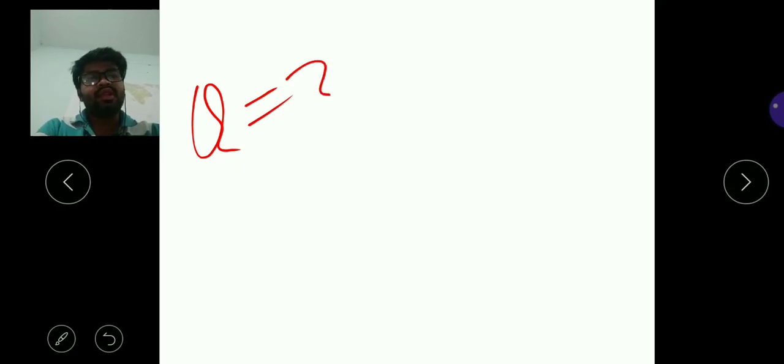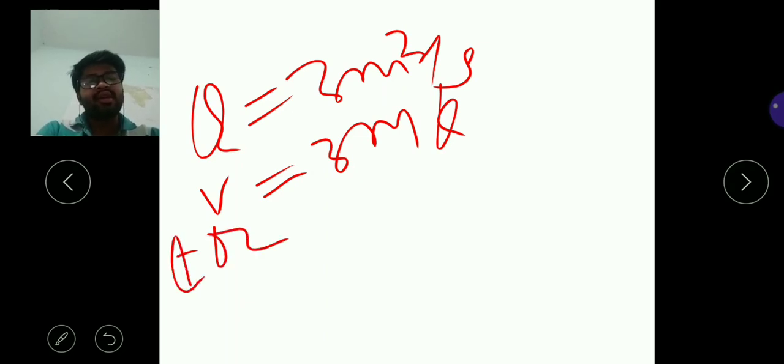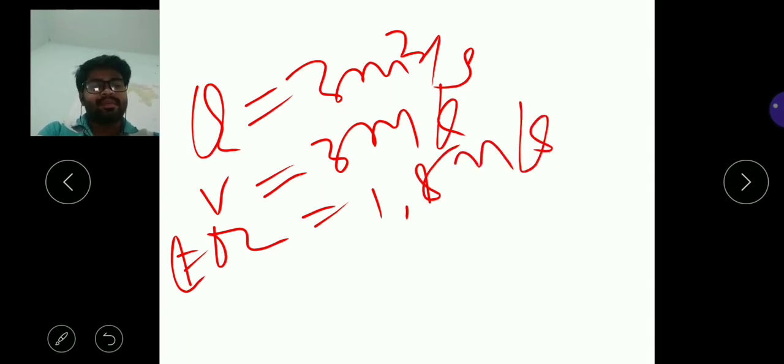So for calculating torque, what are the given data here? Q is given 3 meter cube per second, the velocity is given 3 meter per second, and the distance is given, r or l, you can write, equal to 1.8 meter. And we need to calculate the torque here.